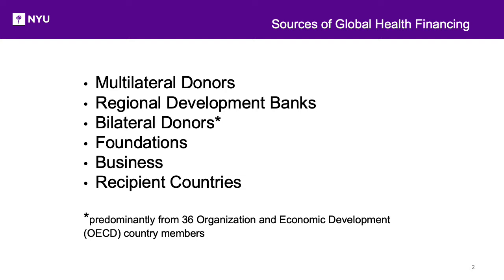These organizations contribute to the global health financing structure. In this session, we're going to talk about how global health financing occurs and the multiple characters and the roles that they play in global health financing.